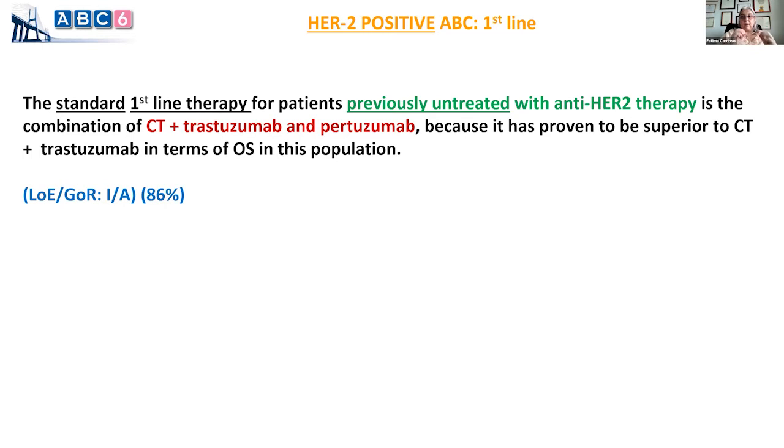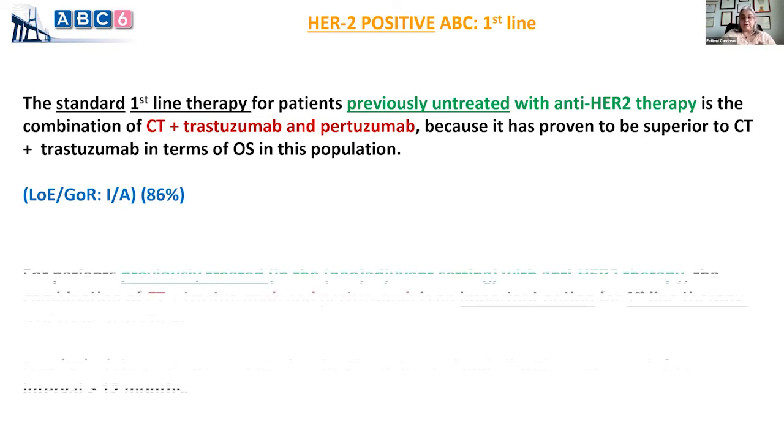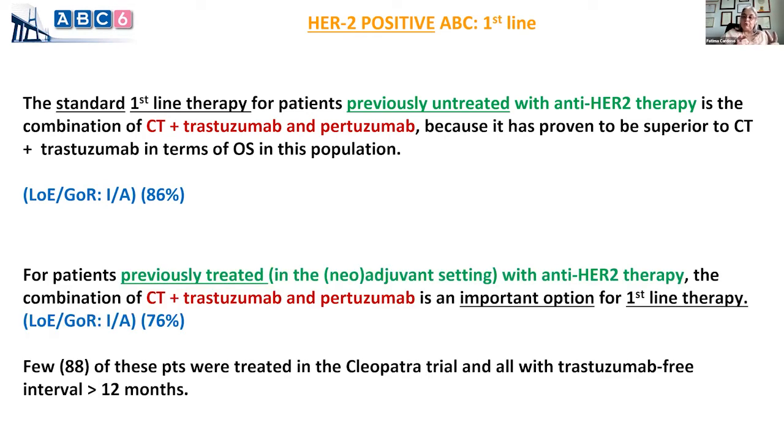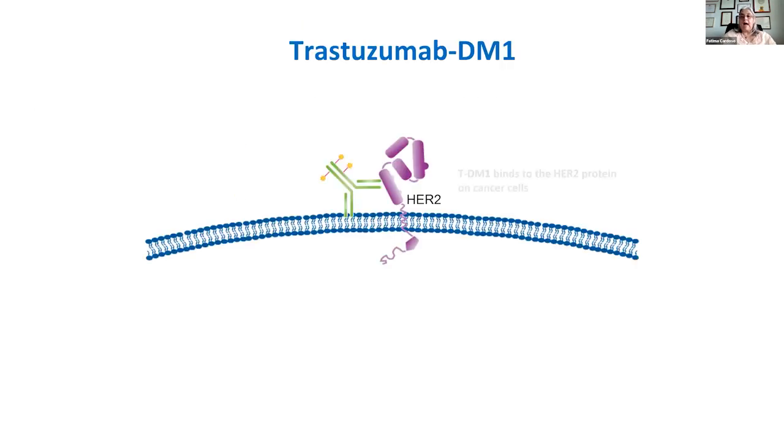So the recommendation is that we should use this Trastuzumab, Pertuzumab combination with chemotherapy as our preferred or standard first-line treatment, both for those who have received Trastuzumab in the adjuvant setting and for those who have not received.